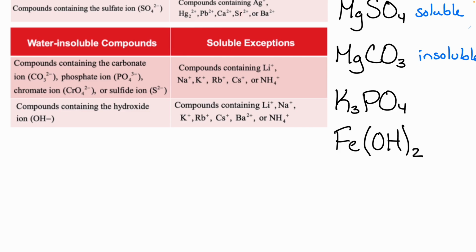All right, potassium phosphate, what do we got? Soluble. We look up our anion, that phosphate anion. It says most phosphates are insoluble, but one of the exceptions is when it's paired with potassium.